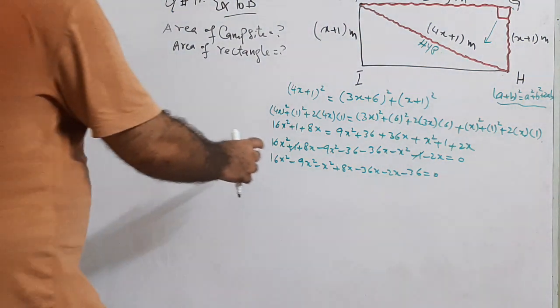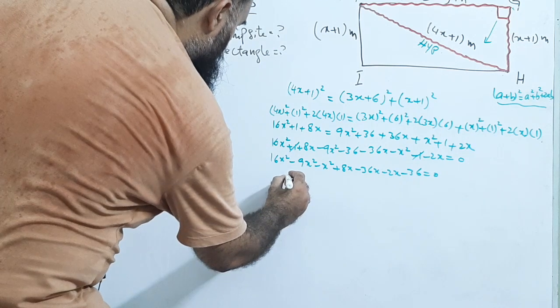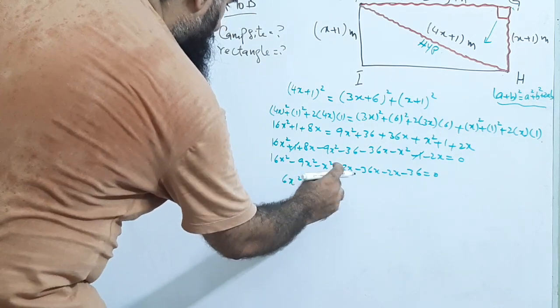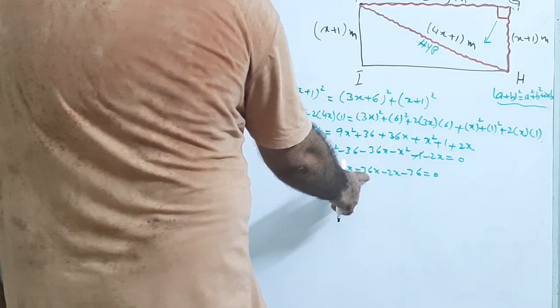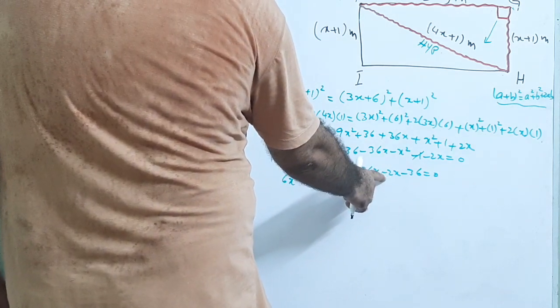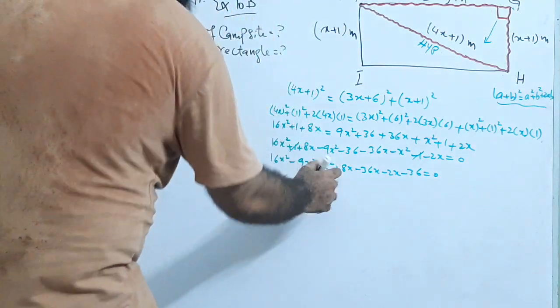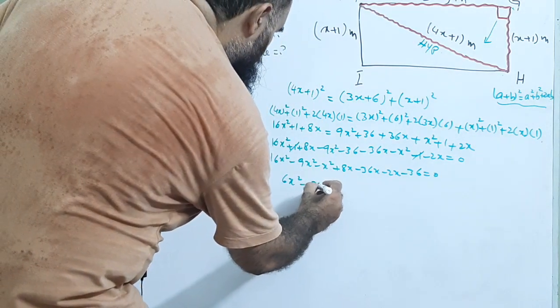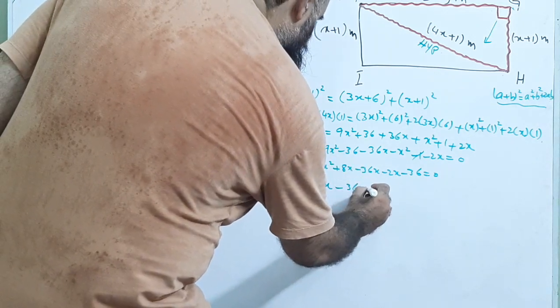Now 9 and 1 is 10, 16 minus 10 is 6, 6x square. Then minus 36 and minus 2, minus 38 plus 8, minus 30, and then minus 36 is equal to 0.